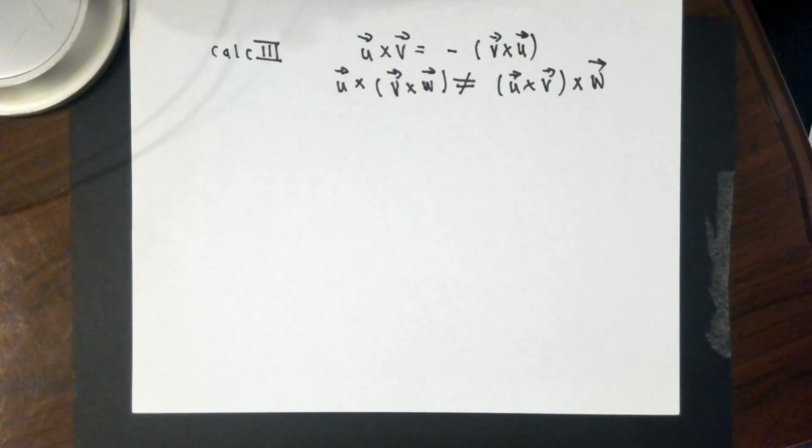But even worse, U cross the vector V cross W is generally not equal to the vector U cross V cross product with W. The reason that it's worse is, at least in the first fact, there's some simple relationship between U cross V and V cross U, but in that second fact, there isn't.